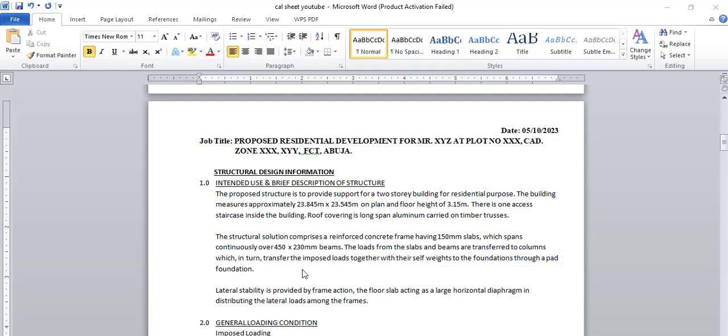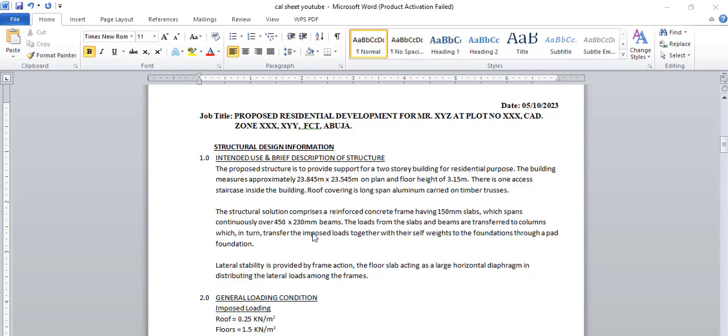So here you determine, if it's a raft foundation, you say it; if it's a pad, you say it; whatever type of floor you are using, this is where you describe it. So lateral stability provided by frame action. The floor slab acts as a big horizontal diaphragm in distributing the lateral load along the frame. So this explains the description of the structure and intended use.